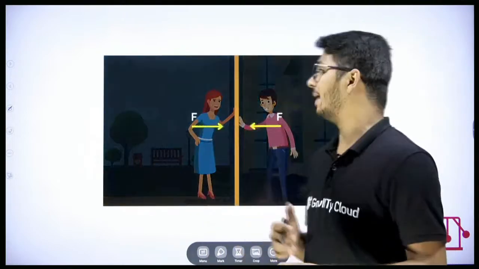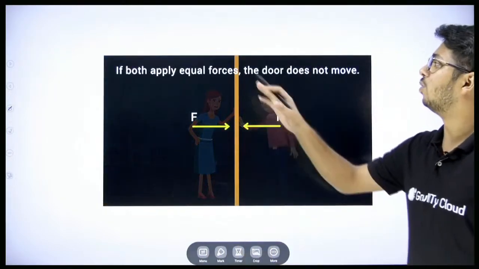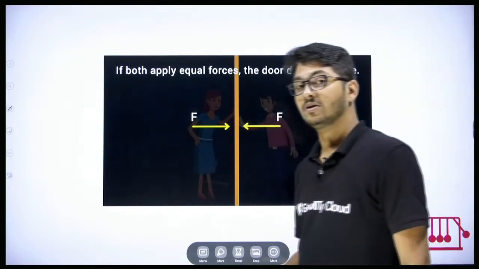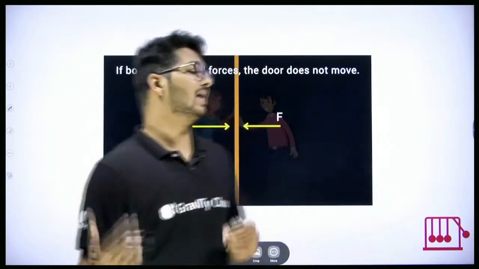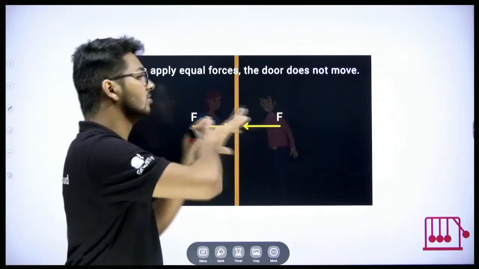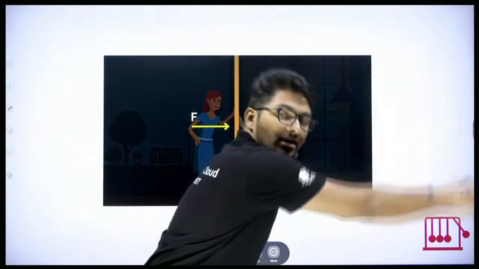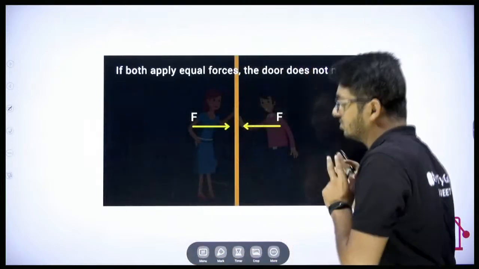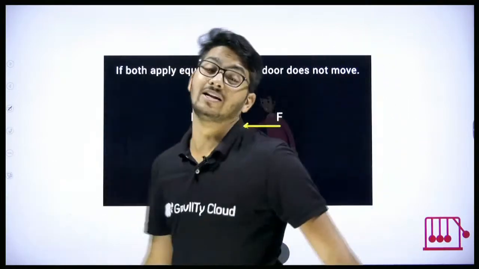But what actually happens is, if both apply equal forces, the door does not move. It depends on how much force they are applying. If the lady is pushing with a greater force, the door will open towards right. Whereas, if the man is pushing with a greater force, the door will open towards left.